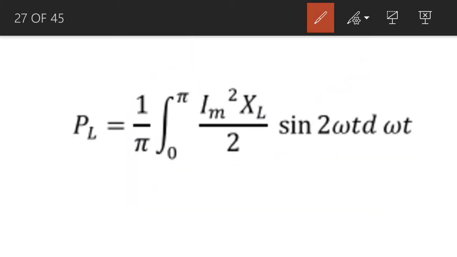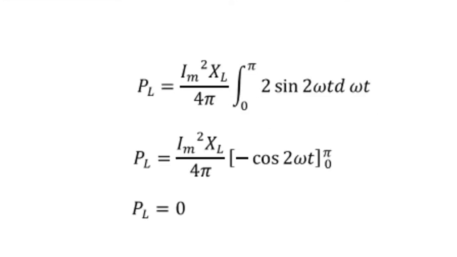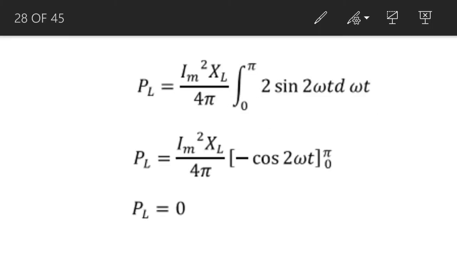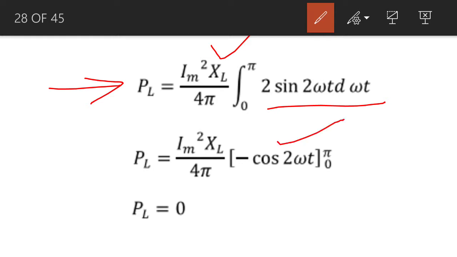The same equation can be written as the average value of the AC power taken by the inductor, which is equal to Im square XL by 4 pi, and then we have the integration of 2 sine of 2 omega t d omega t, and the integration of 2 sine of 2 omega t d omega t is minus cos of 2 omega t.